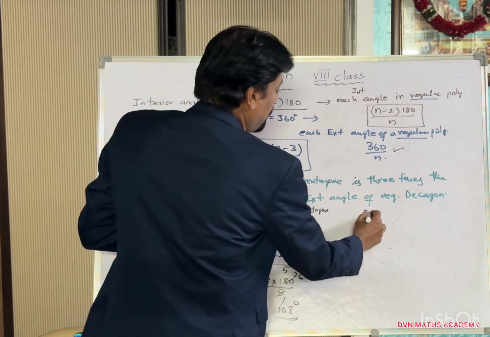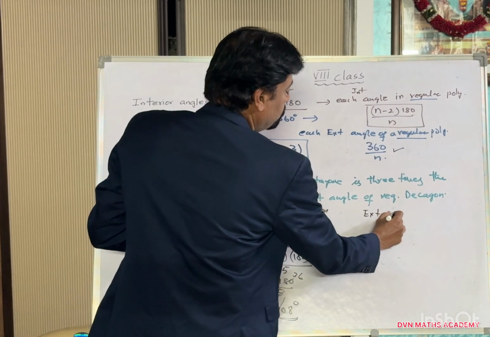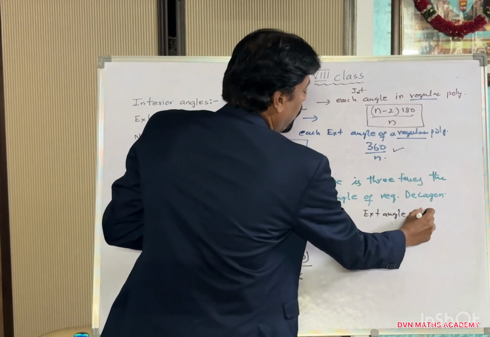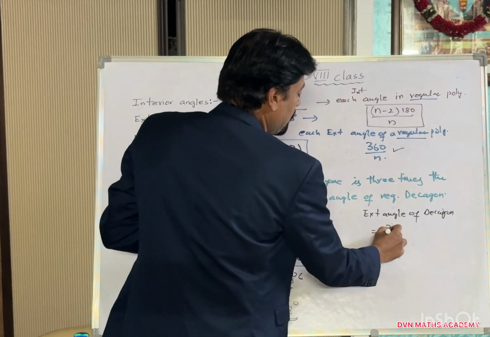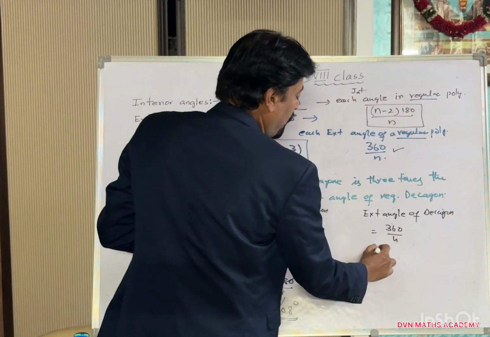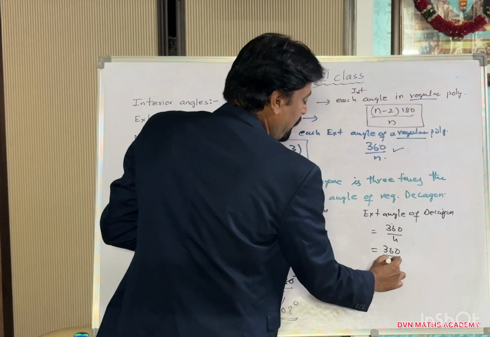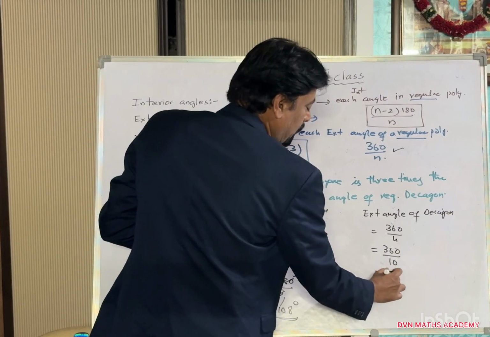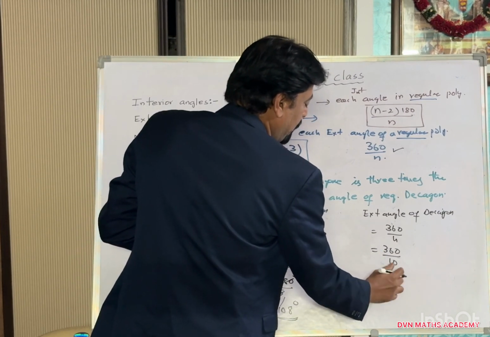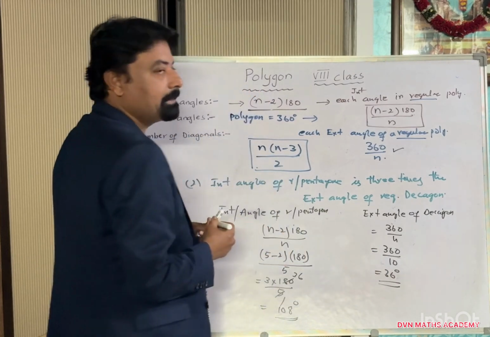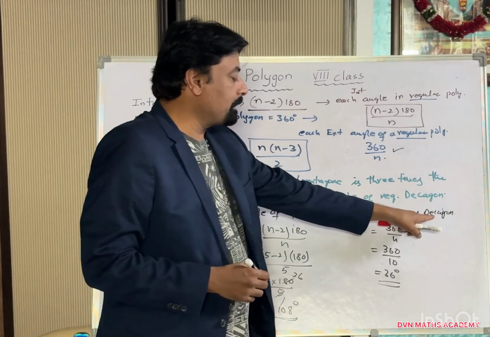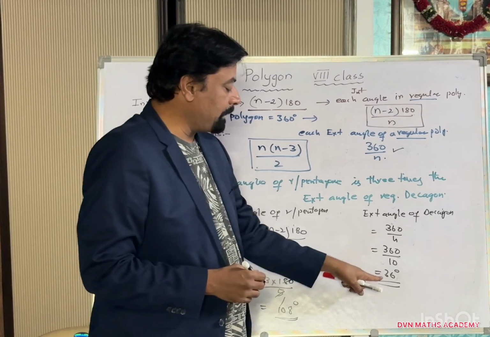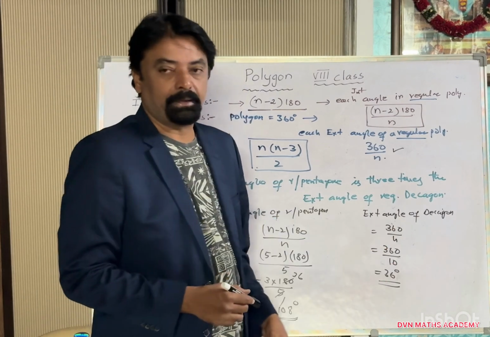So the exterior angle of a decagon is equal to 360 by n, our formula. Here you can write 360 by 10, that is equal to 36 degrees. So here n is equal to 10 I take because it is a decagon. Therefore each exterior angle of a decagon I got as 36 degrees.